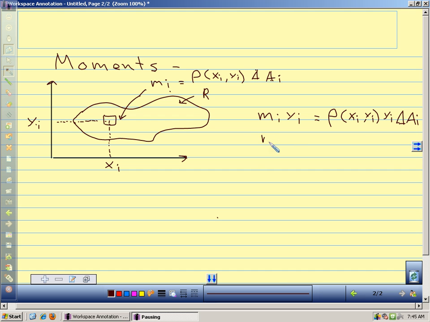And our moment about the y-axis is that mass's distance from the y-axis, which is just x sub i, and we just get our density at that point times its distance from the y-axis times its area.